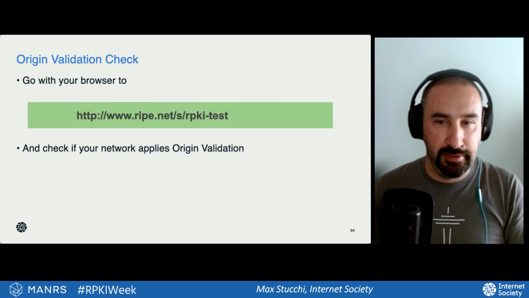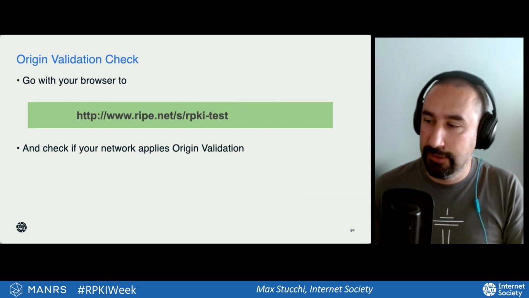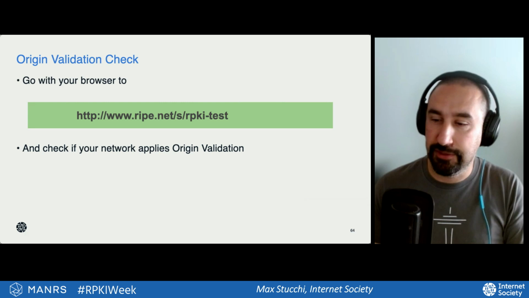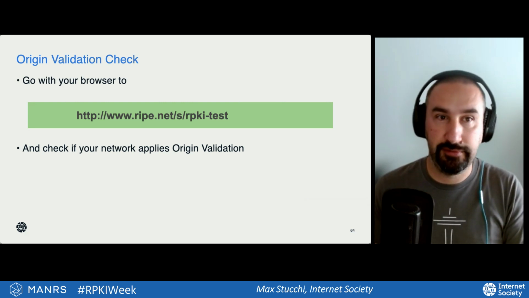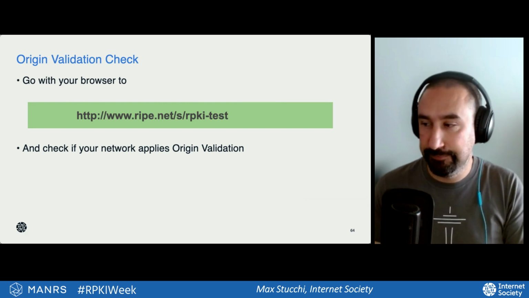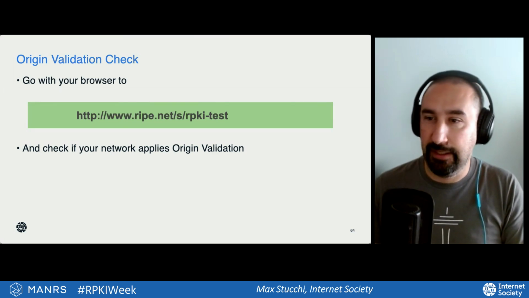So you have a browser, you open a website, and then via JavaScript, the system tries to fetch 2 different small images, one from a network that's fully validated and one from a network that is invalid.